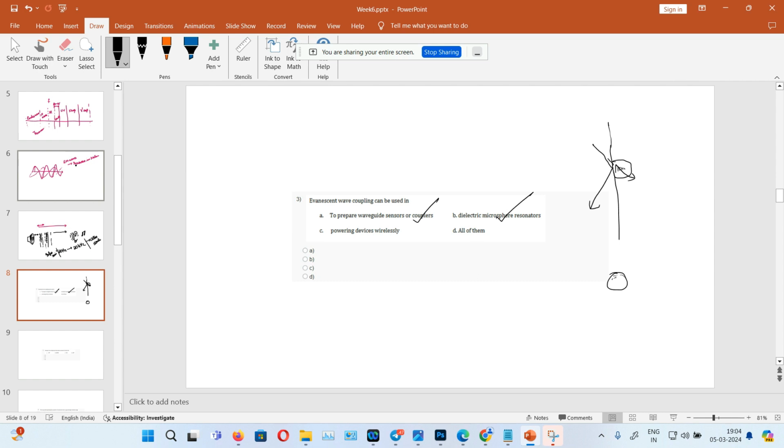Powering devices wirelessly also can use evanescent waves: there will be an interface nearby, and if you put a detector which can draw power from this field, you can power devices wirelessly. So the answer will be all of them.